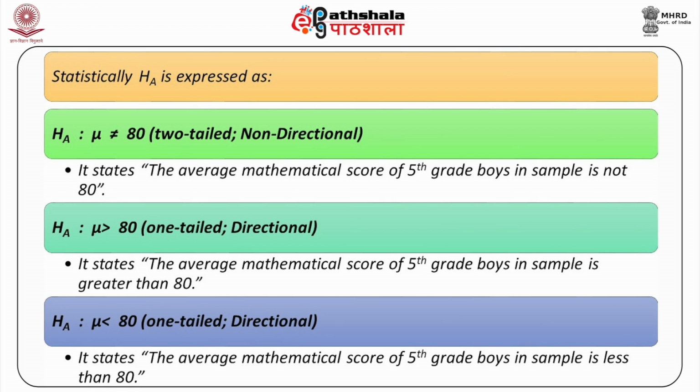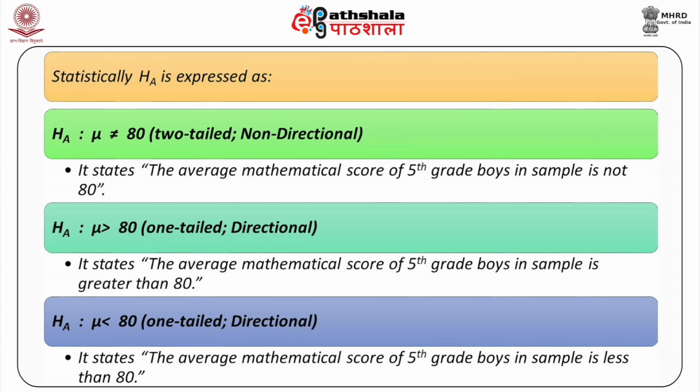It states the average mathematical score of 5th grade boys in sample is not 80. HA, where mu is greater than 80, is a one-tailed or directional alternative hypothesis. It states the average mathematical score of 5th grade boys in sample is greater than 80.